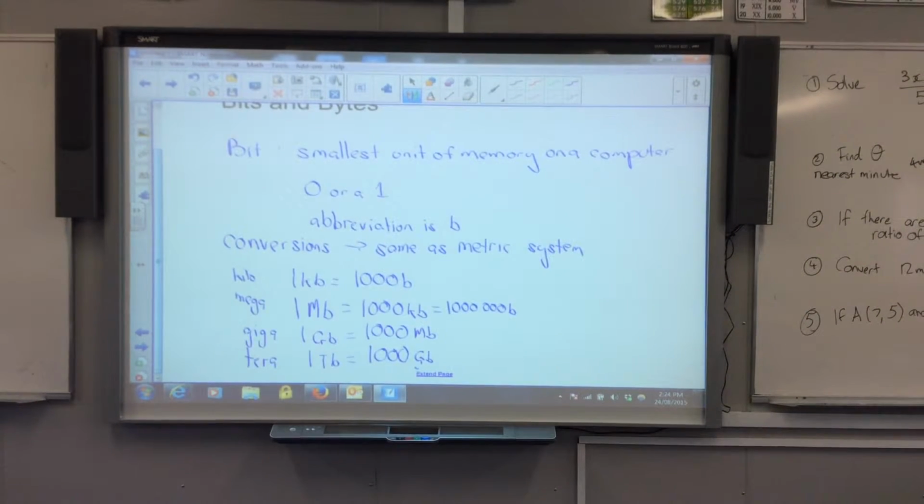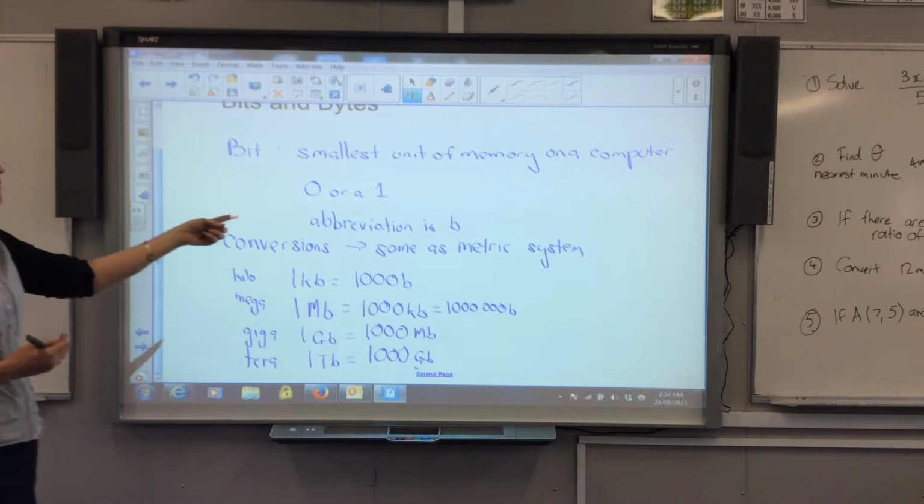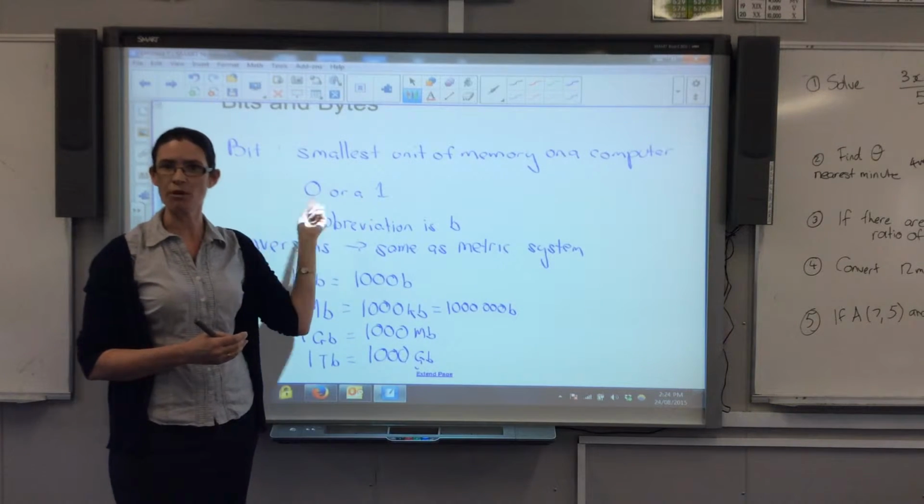Now, as I said, your computer records every symbol as a small string of bits. Every letter, every symbol, a question mark, a full stop, is represented by a group of bits. Because clearly bits are not a lot of information. You can only store two different things, a 0 or a 1.